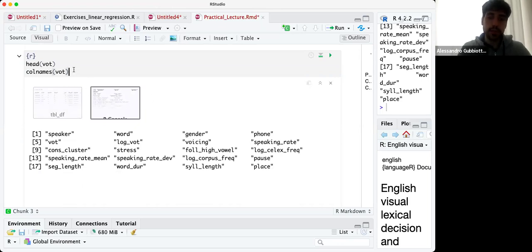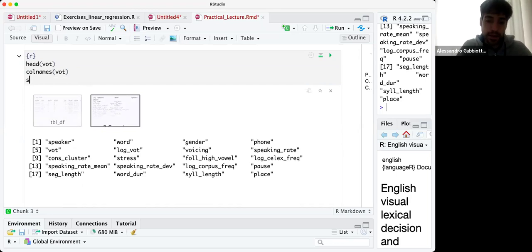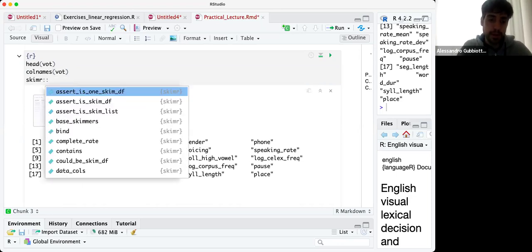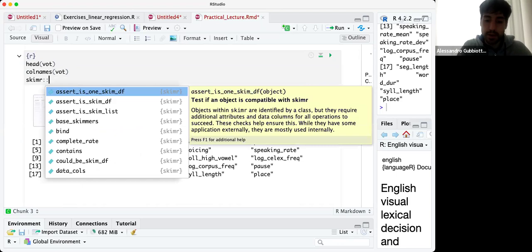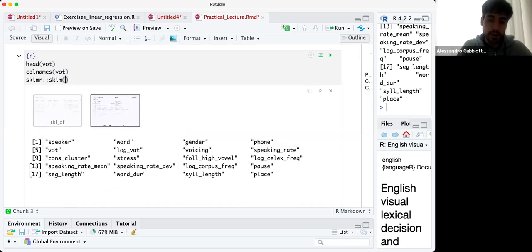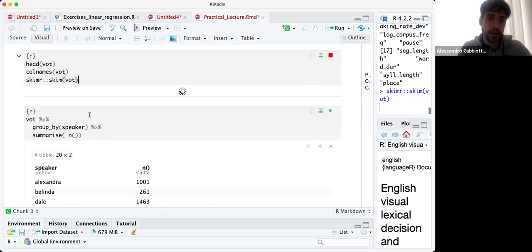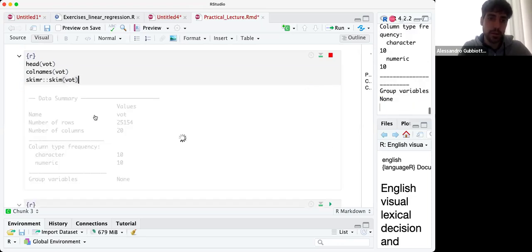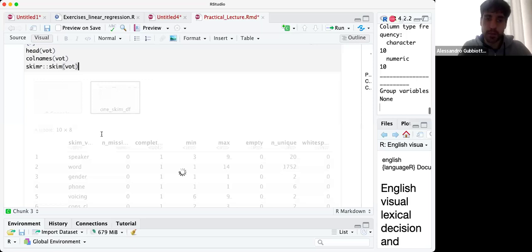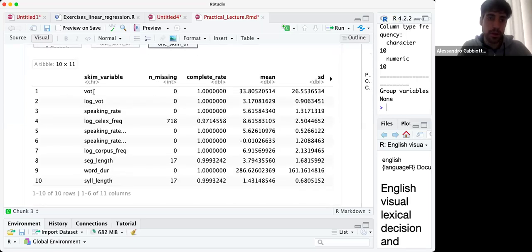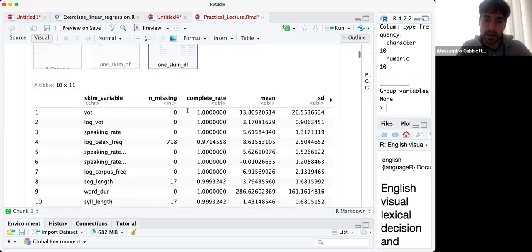To skim through the data, you can also use the skim function from the skim package, which gives you some details and statistics on the columns. For instance, the column vocal onset time has 0 missing values, so the complete rate is 1.